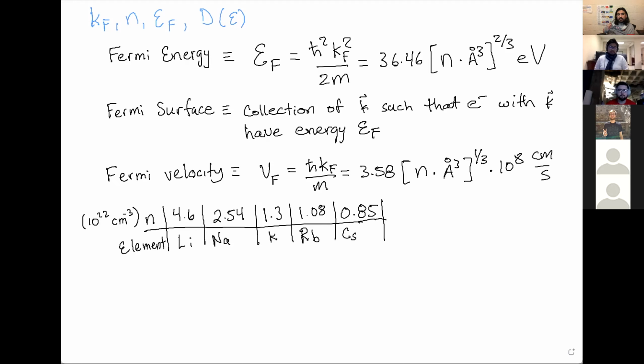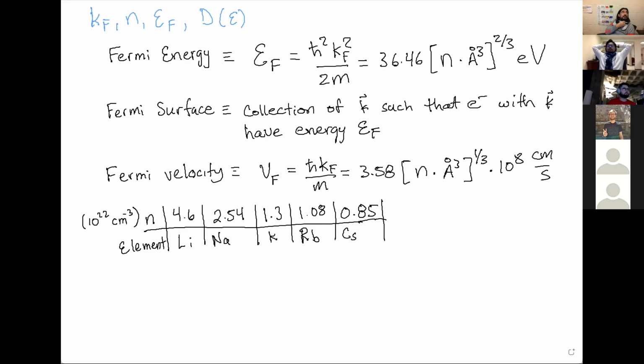So I don't know if you guys know, this is the first column of elements, right? And as you go from lithium to cesium, what is the difference between them? Babu? Yeah. What is the difference between them as you go from lithium to cesium? So the number of electrons is going to decrease, right? Yeah, the electron density.